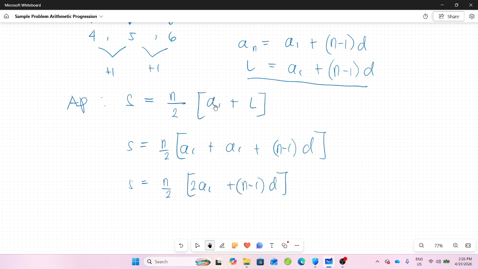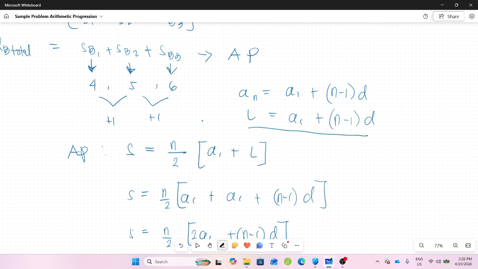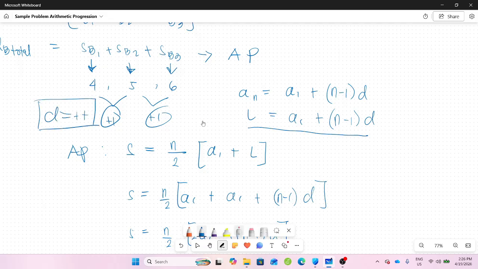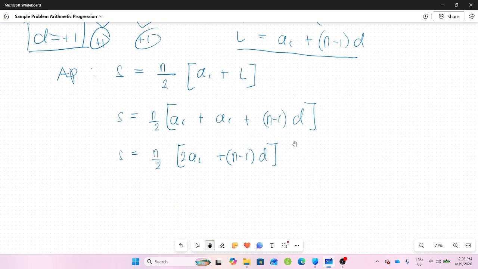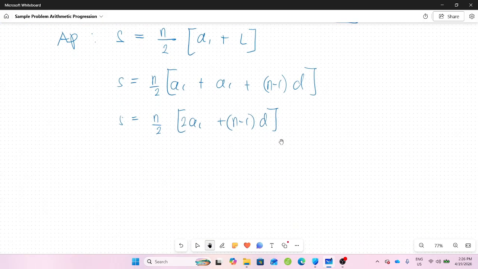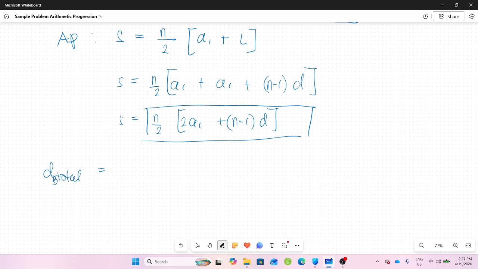Now going back here, we know that the common difference is positive 1. Okay, this is the common difference, positive 1. So in short, the total distance for car B can be found using this equation.